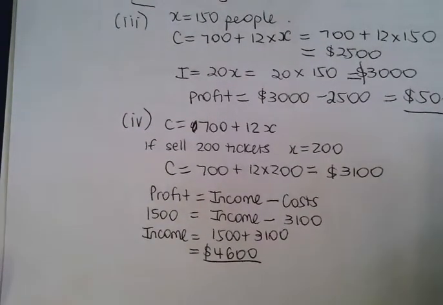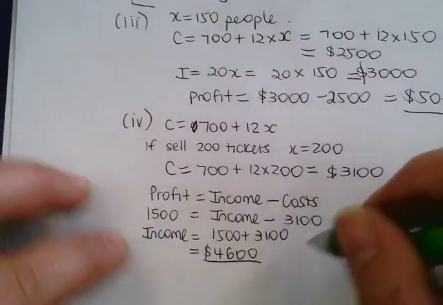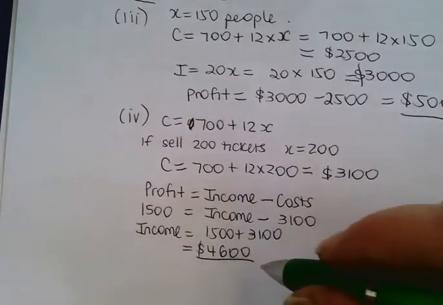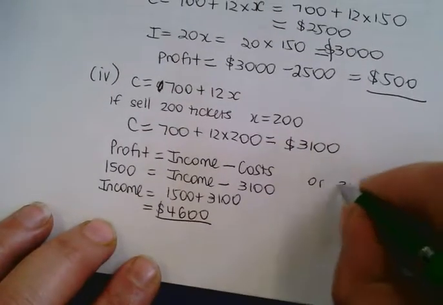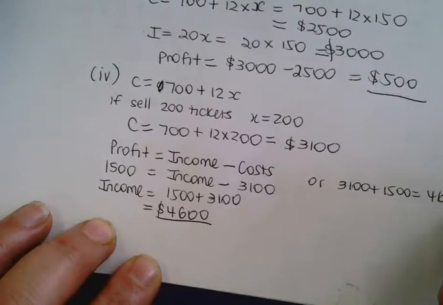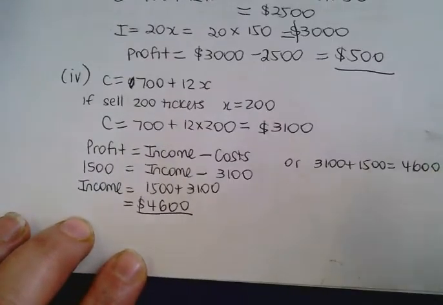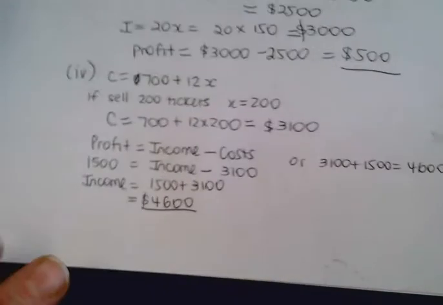Does that make sense? It costs them $3,100. They want to make a profit of $1,500. The income at the door, I could have just gone $3,100 plus $1,500 is $4,600. Because that's what it costs them. They want to make profit. They have to take in $4,600 at the door.